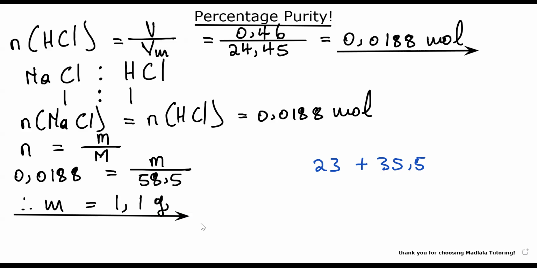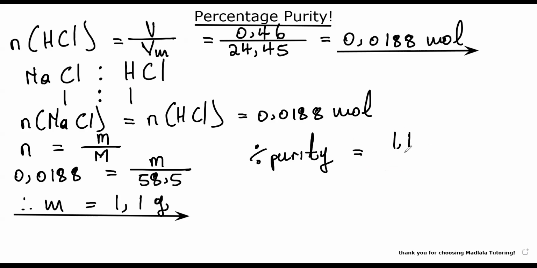Okay, fine. So now we know the mass of sodium chloride in this impure sample, then it's now easy to find the percentage purity. So you say, well, it's the mass of this thing divided by the mass of the sample, and then you times this one by 100.